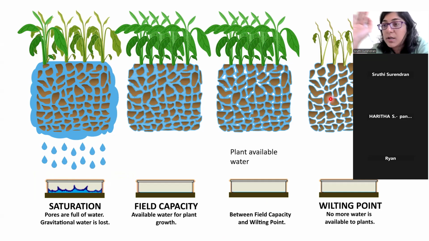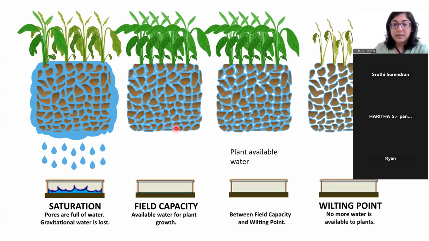Now, this water is not available to the plants because the soil particles are attracting the water molecules with great energy, such that the plants are not able to surpass that energy and take that water which is being attracted by the soil. So the condition where water is not available to the plant is called the wilting point. We say that the soil has reached the wilting point because the plant cannot take up this water in the soil.